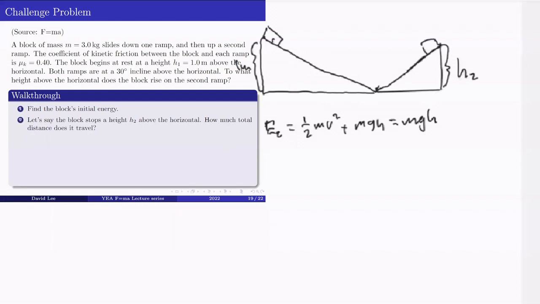So the second part of our walkthrough is to find how much total distance it travels. Basically, what that's asking is what is this distance plus this distance in terms of h1 and h2.